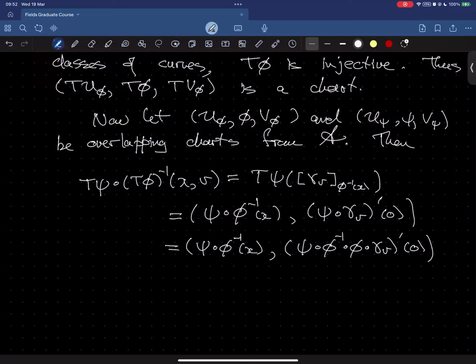Now I'm going to use the chain rule to differentiate that thing, on this composed with that. So this is psi composed with the inverse of x, and then it's d psi composed with phi inverse at, okay, what's the point at which this thing is evaluated?